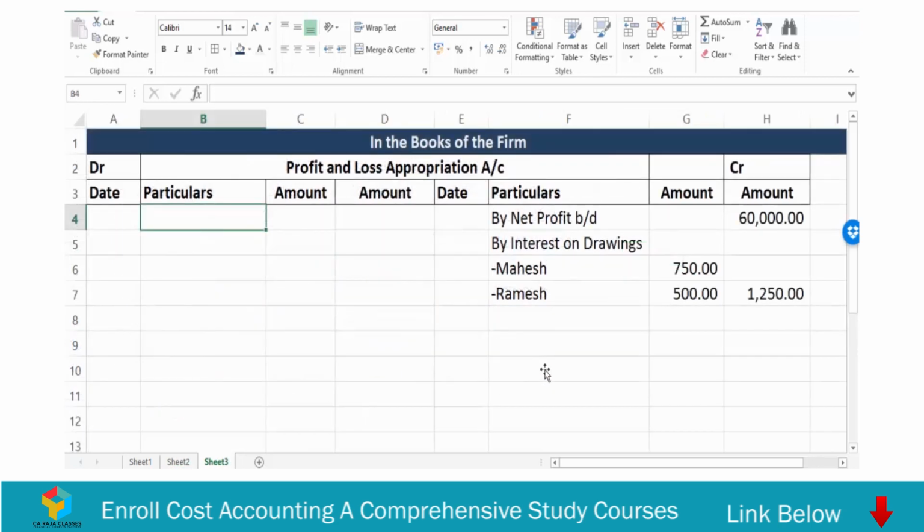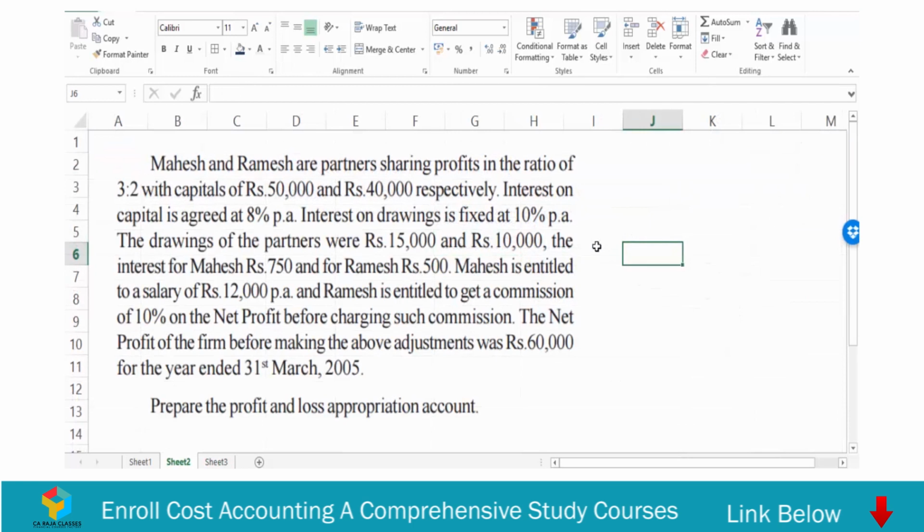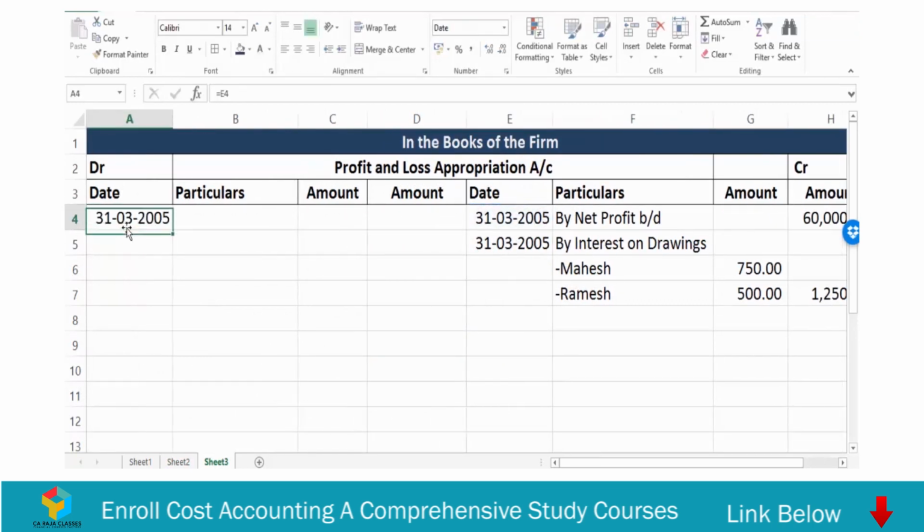So I have to capture the date 31st March 2005. And what about the interest on drawings? Same date, because it is calculated at the end of the year. Then interest on partners' capital also happens at the end of the year. So I'll just copy paste the same date.